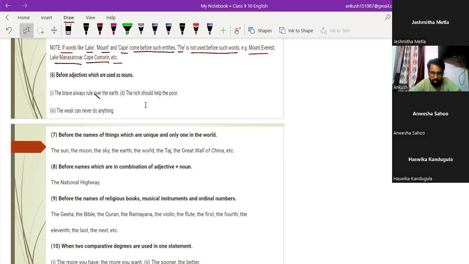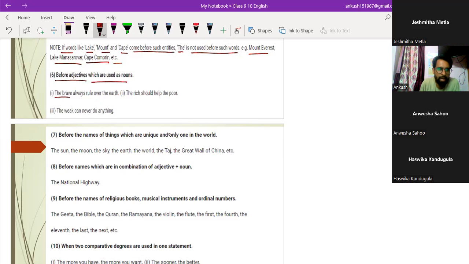He measured the height of that mount, and that is why the name is given to that mount. Understood? Yes, sir.